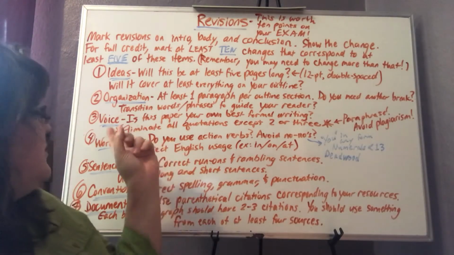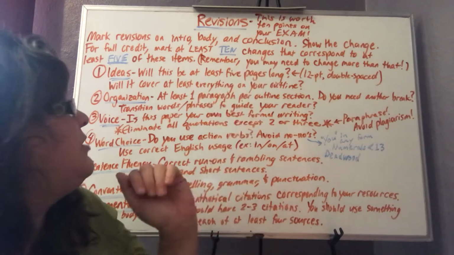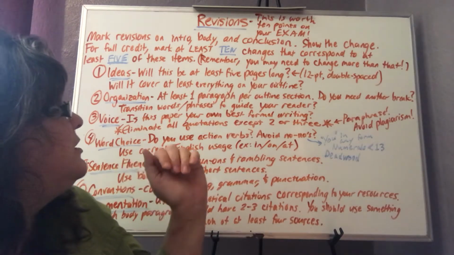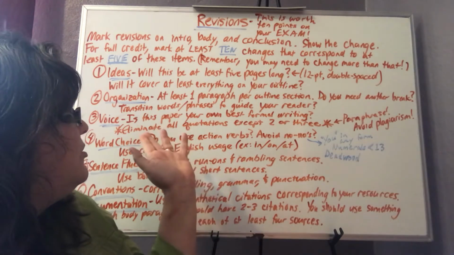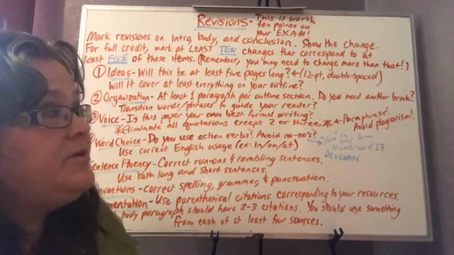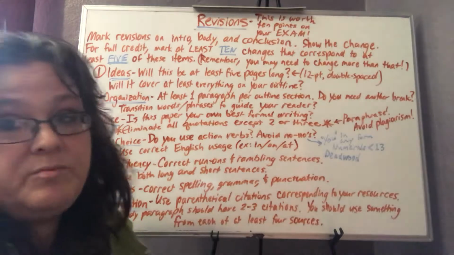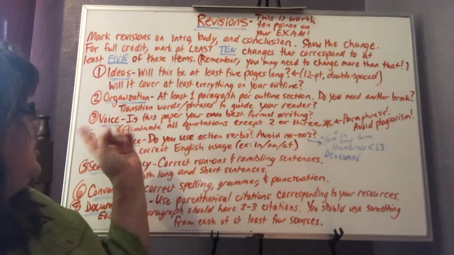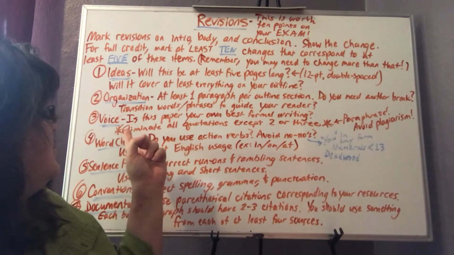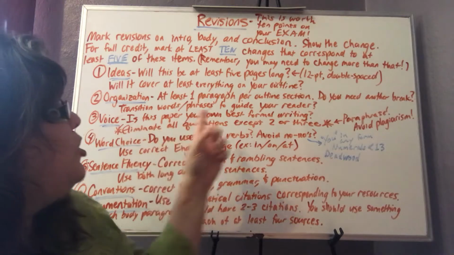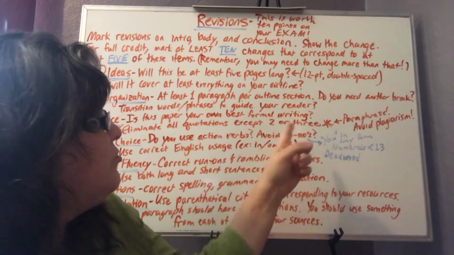If you look through there and you have enough paragraphs, and you have transition phrases, then just mark one of your transition phrases with a number 2. That would be fine. Number 3, voices. Is this paper your own best formal writing?